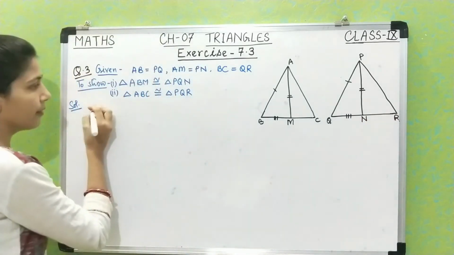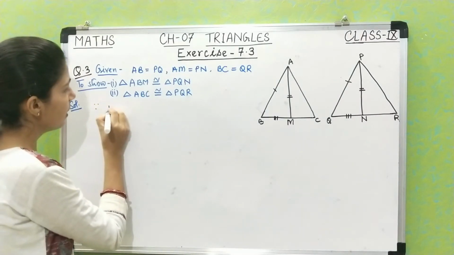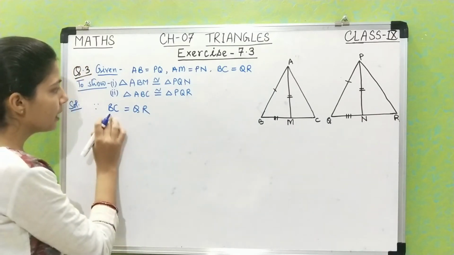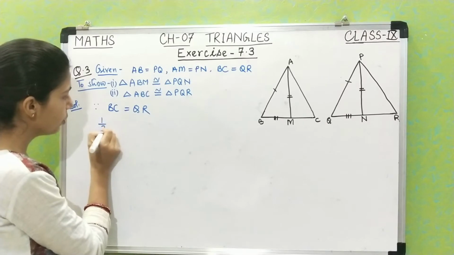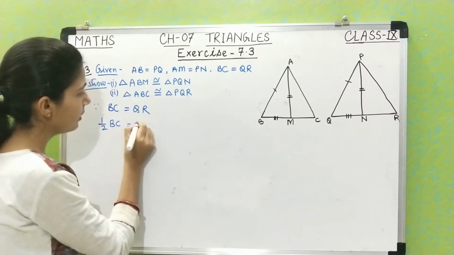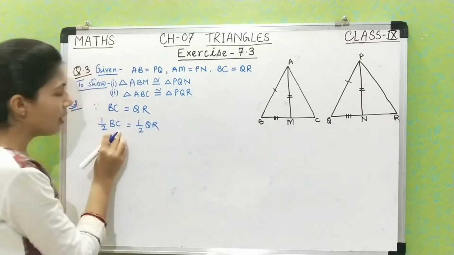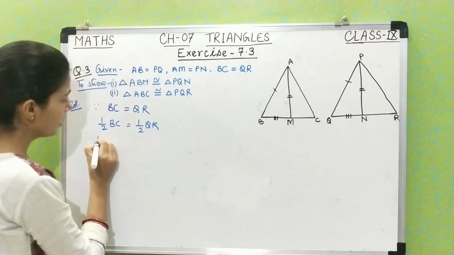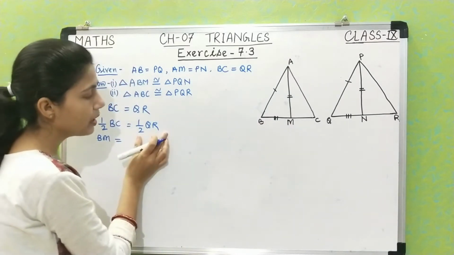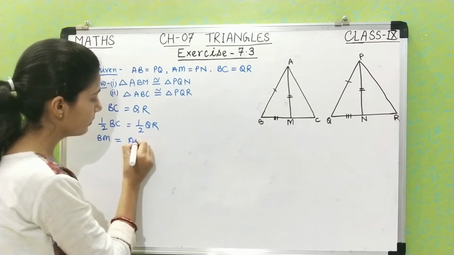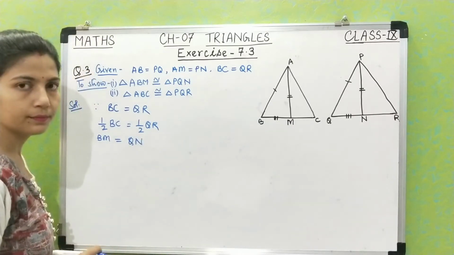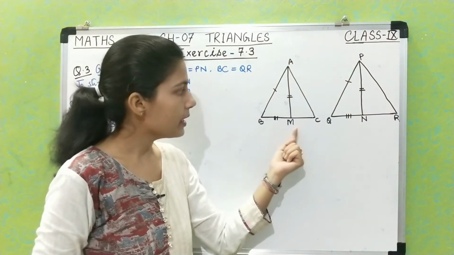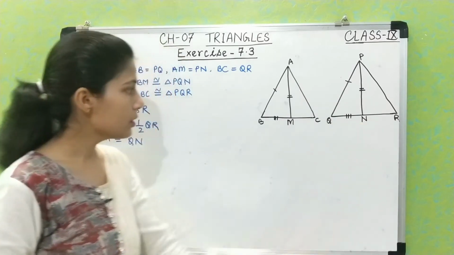Okay, so right here, since BC equals QR, if we take half of these two sides, half of BC we can take as BM, that will equal half of QR, meaning QN. Since these two sides are equal, half of them will also be equal, because M and N are the midpoints. Okay, so we can write this.